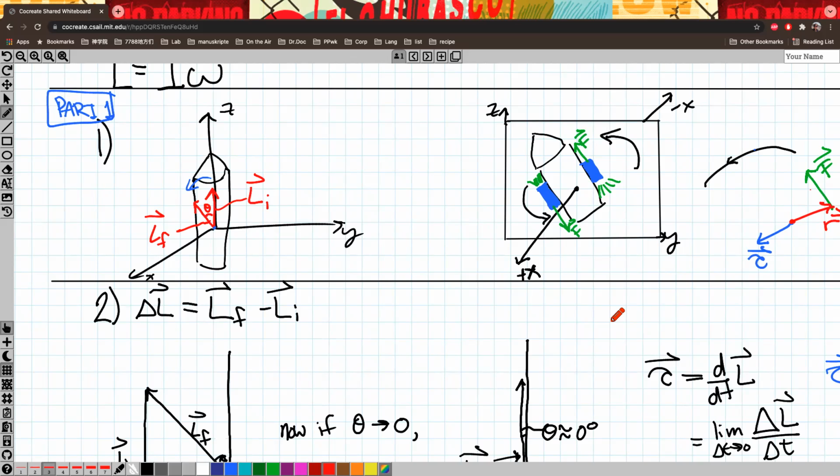Ah, right. It's constantly spinning in the, you said direction? Around the z-axis. Okay.